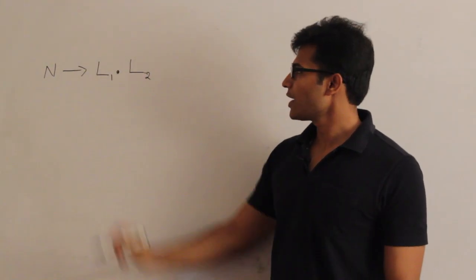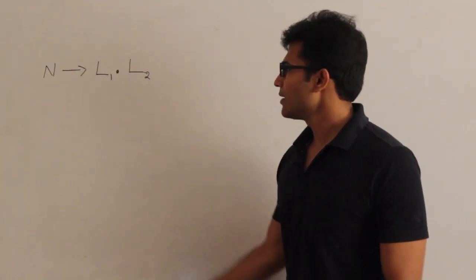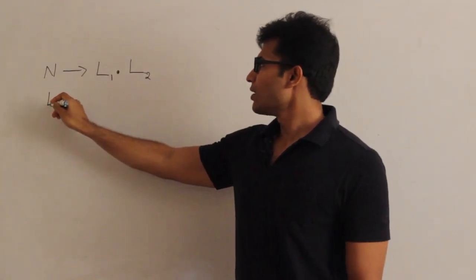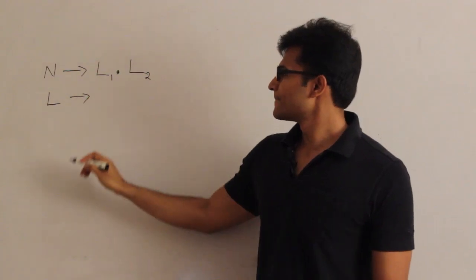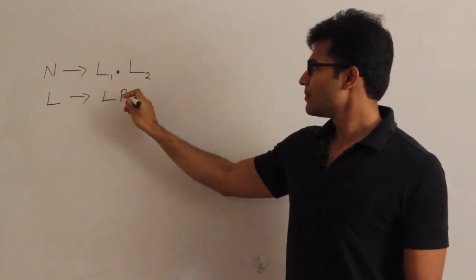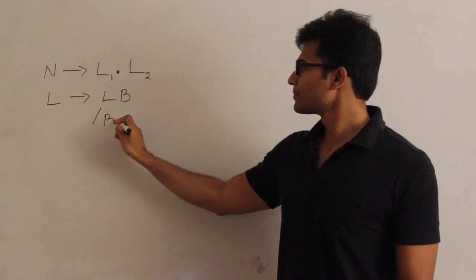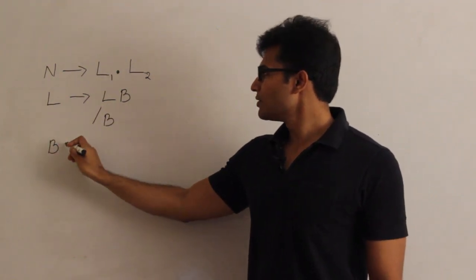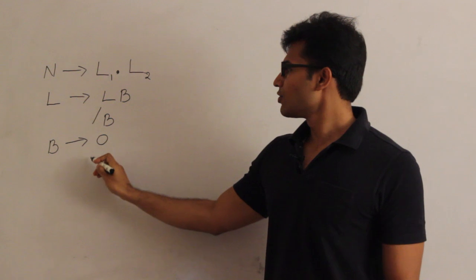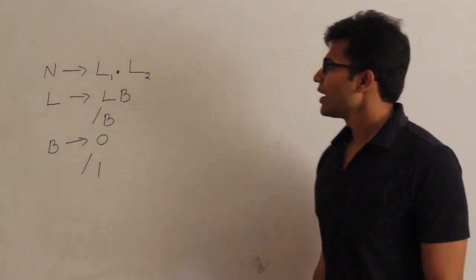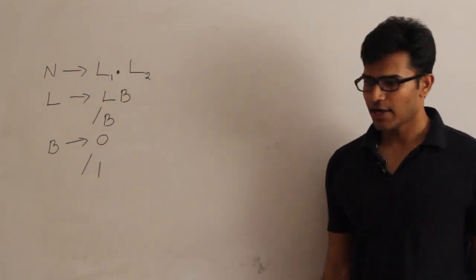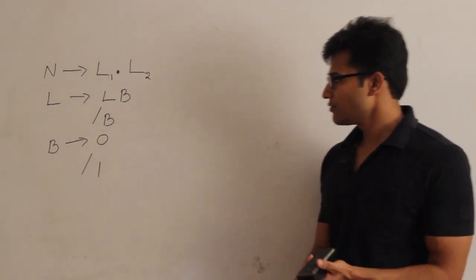Just to differentiate them, I am writing it like this. And the remaining grammar is simple. A list can be either a list followed by a bit or simply a bit, and a bit can be either a 0 or 1. This is the grammar, and now SDT is going to be straightforward.